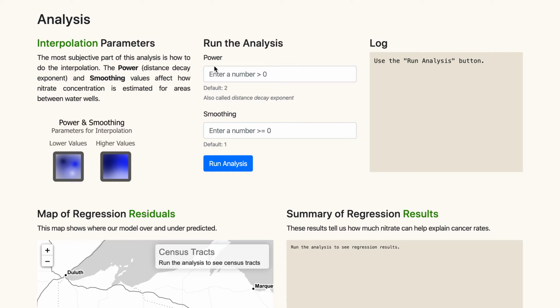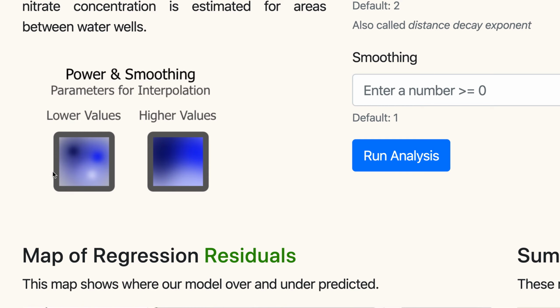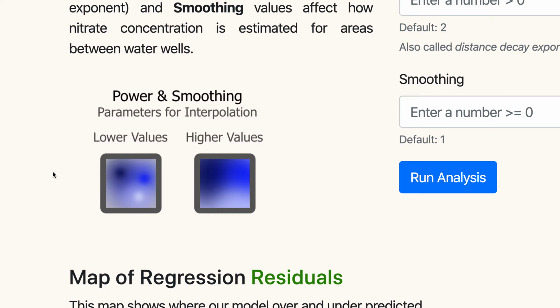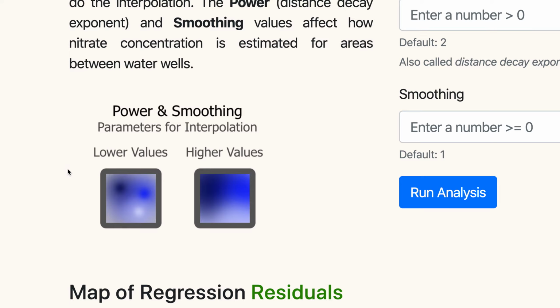The most important part of the interpolation here is the power. So if we zoom in here on the power and smoothing graphics, it's a very simple explanation, but just to give the user an idea, power tells the interpolation tool basically how far of a reach should each of those wells have?